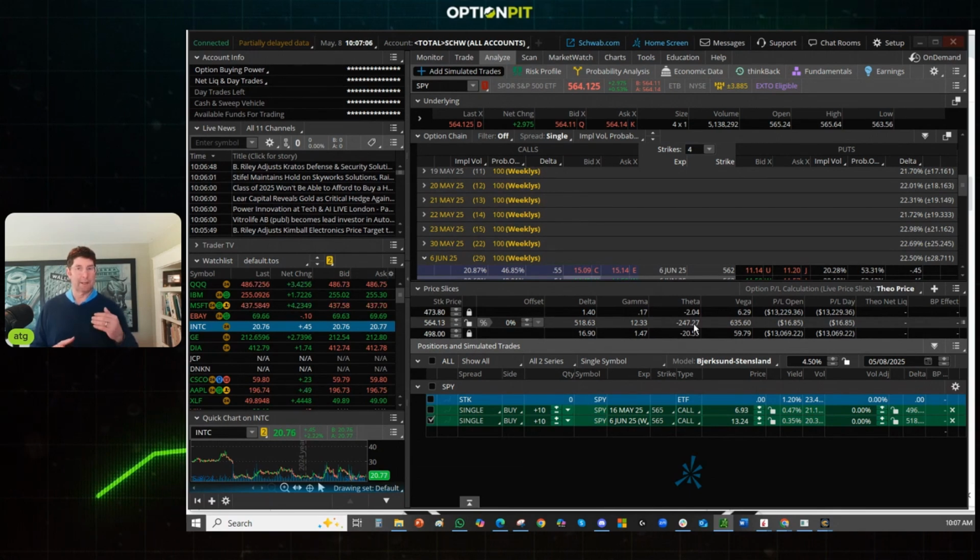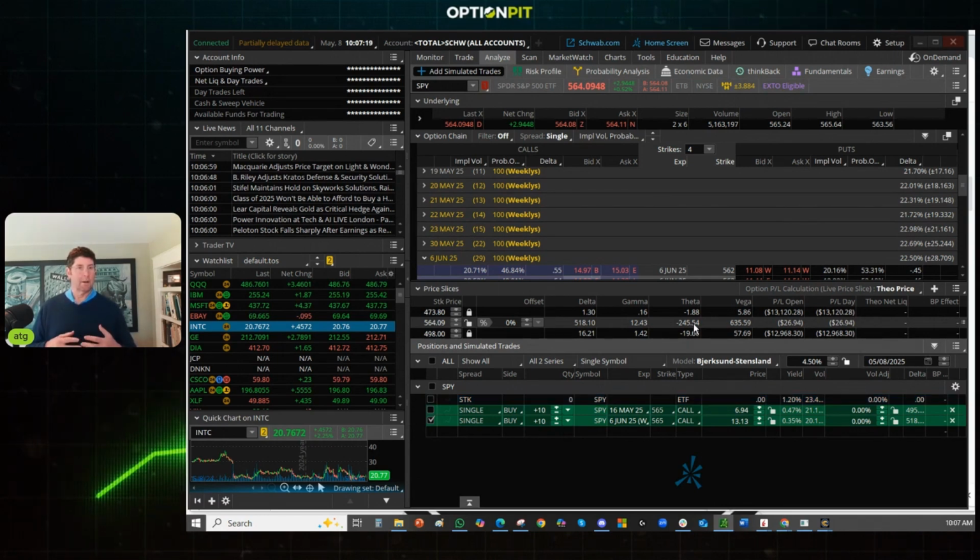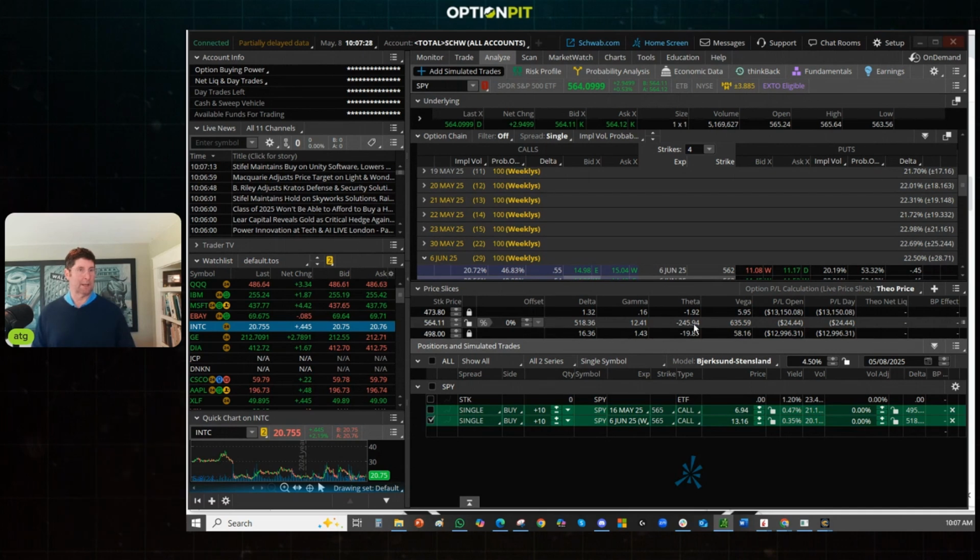But because the decay is so fierce relative to how the option is priced on a 9-day option versus a 30-day option, you have to be very right on direction. So traders getting into 9-day options generally do so with a lot of conviction. If they're buying 9-day options, it's with a lot of conviction.